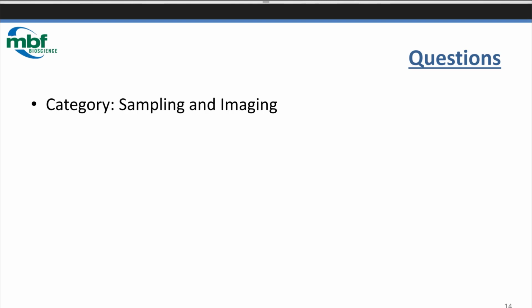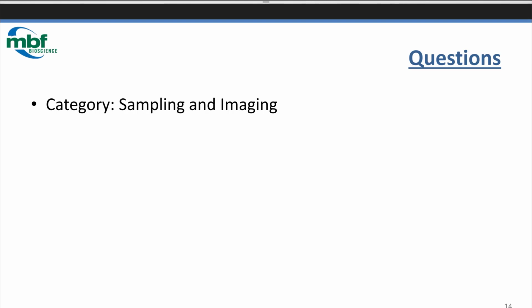Okay. I think in the interest of time, thanks for all these questions. We're going to move on to our last category today. So we've talked about using systematic random sampling. We talked about the fact that we can estimate number, length, surface, and volume. Those are all first order properties of tissue.